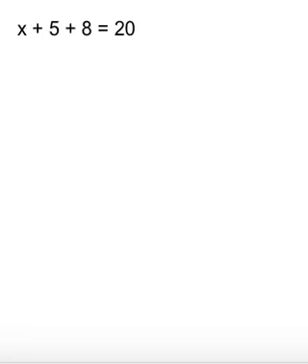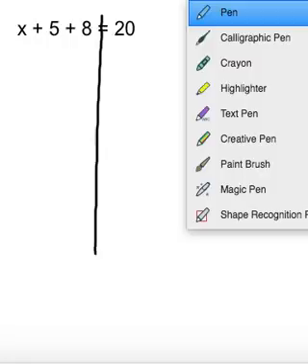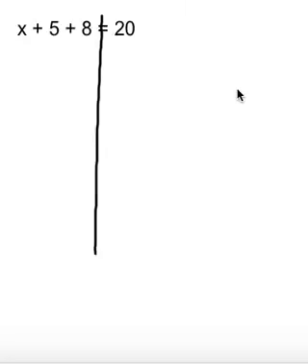Now, this is why we're in pre-algebra, because our problems are going to get a little more complicated. I'm still going to split my equation down the middle. I'm still going to look for my variable, which is x. But this time I have two numbers on the left side with my x instead of one.